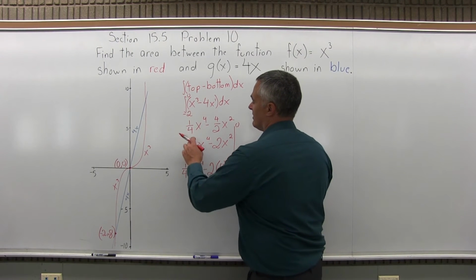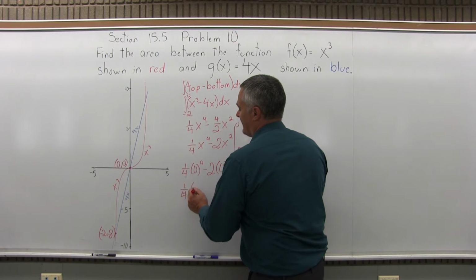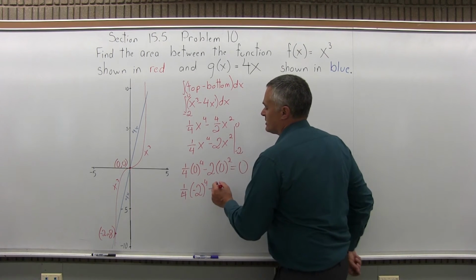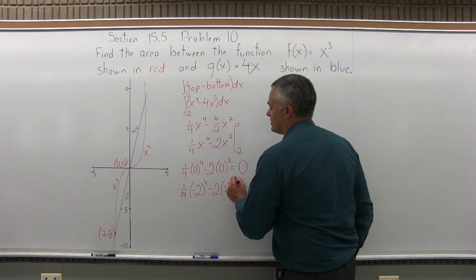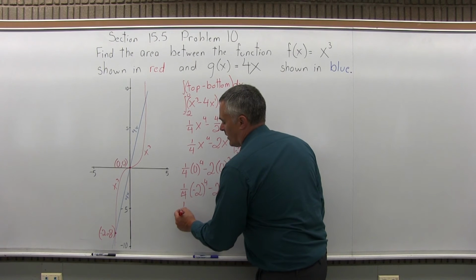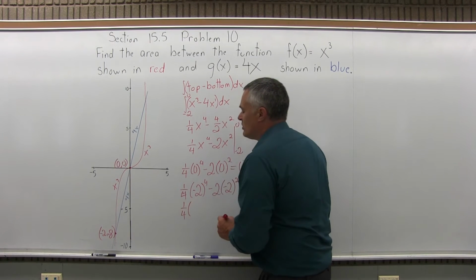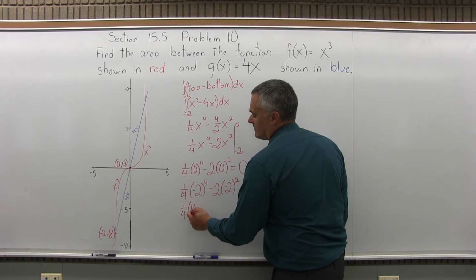Careful of these signs now. So I'm going to have 1/4 x to the fourth is 1/4 -2 to the fourth, minus 2x squared is minus 2 times -2 squared. So careful with your negatives again. So 1/4 -2 to the fourth will be positive 16.